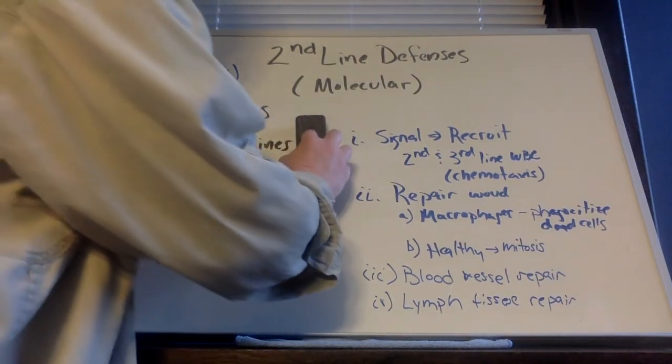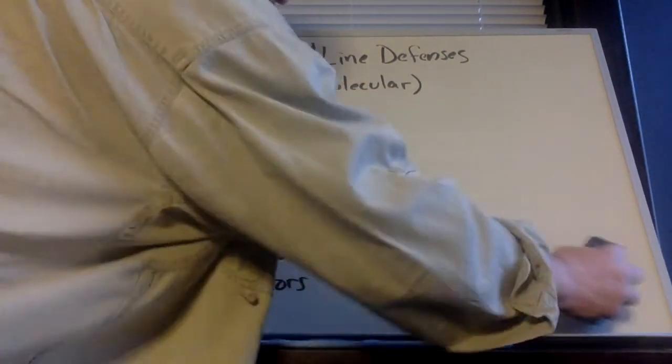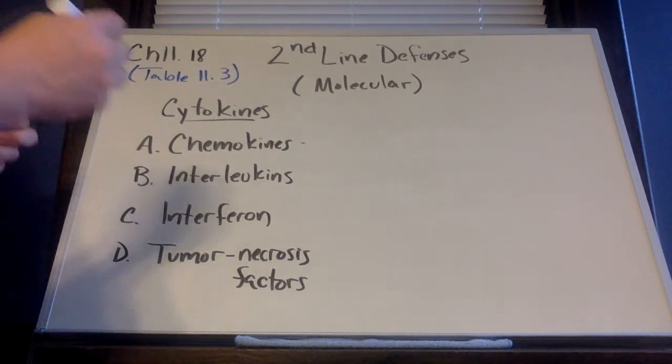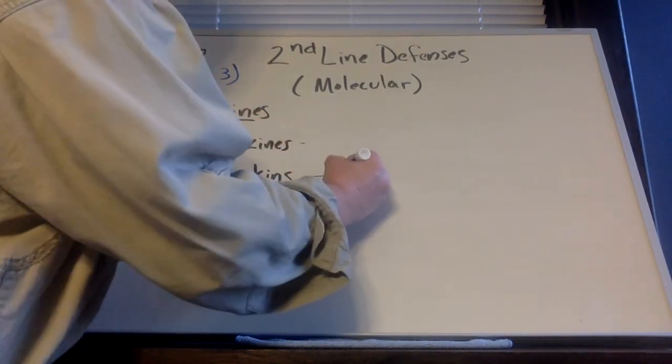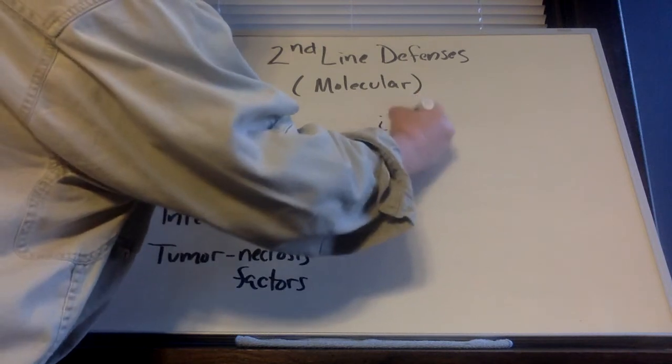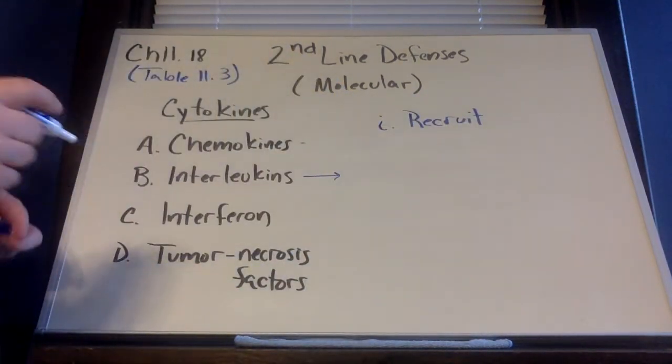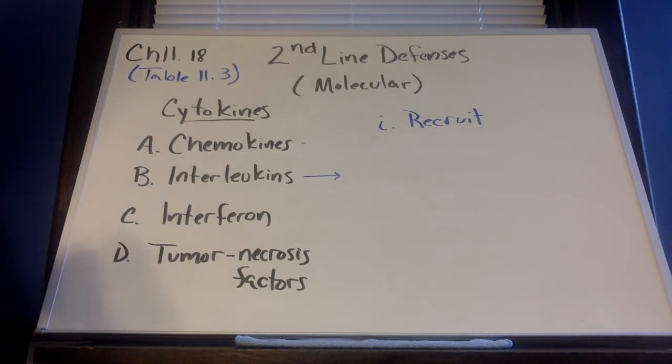Our second chemical are the interleukins. These are also going to be partially signaling. So one of their jobs is also going to be to recruit other cells to the area.